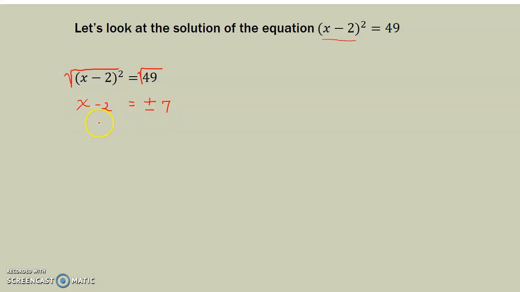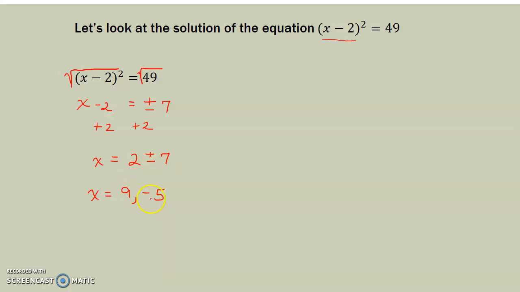All right, so my next step then is to add the 2 to both sides, so that I end up with x equals 2 plus 7 or 2 minus 7. And 2 plus 7 will be 9, and 2 minus 7 will be negative 5.